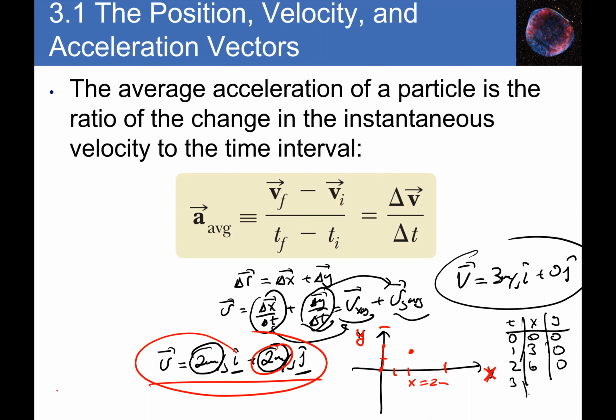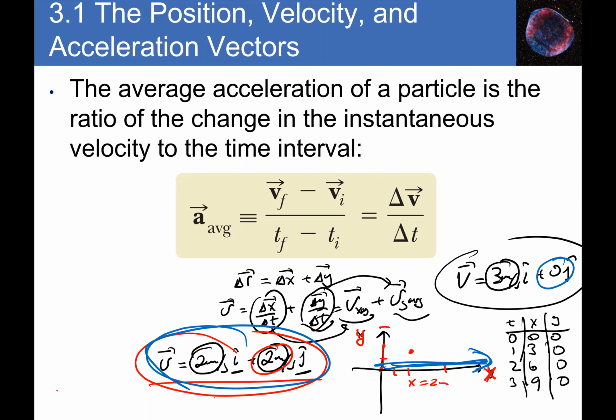Then 3 seconds into the motion, your horizontal position will be 9, and vertical will be 0. Why? Because every second your horizontal position changes by 3. That means you are moving in one dimension, just in the horizontal direction. So that's why your vertical component is 0, one-dimensional motion.